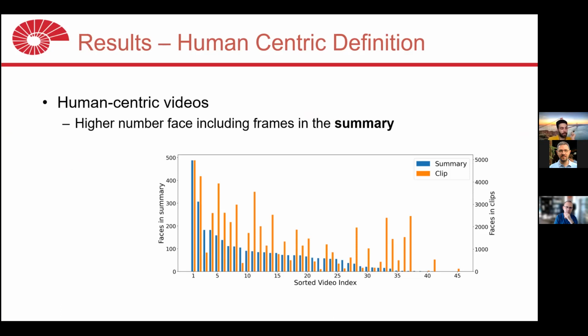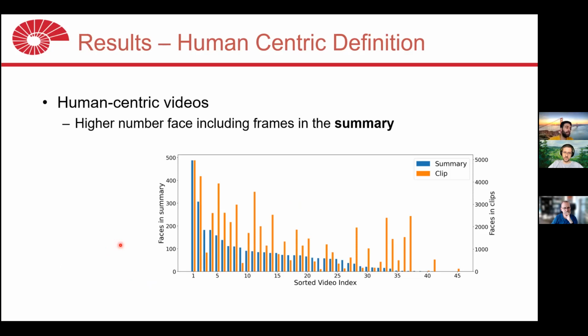We capture the faces in the videos using a histogram of oriented gradients based approach. Then we said that for this dataset, if we have more than 80 frames in the summary including faces, we can call the video human-centric. That means we have 15 videos, and the demography of this dataset is depicted here.